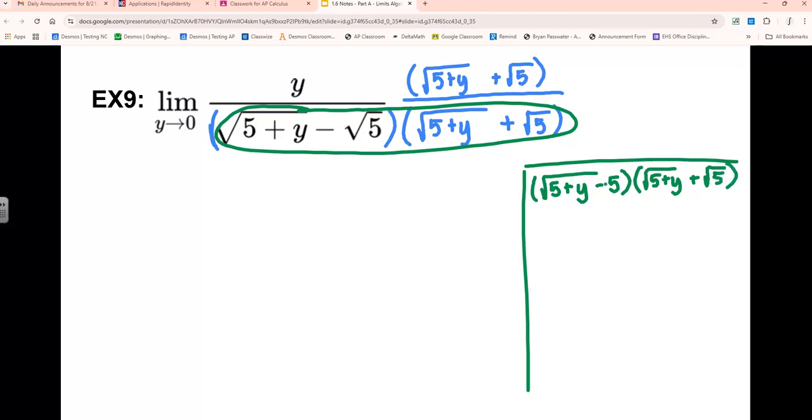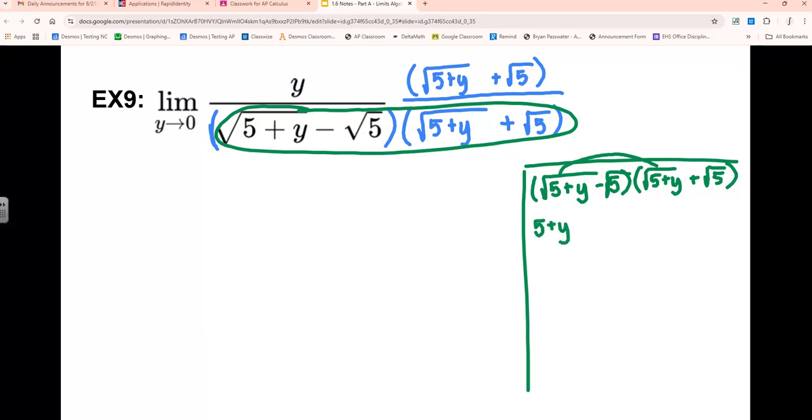And I forgot a square root right here. So when I multiply square root of 5 plus y times square root of 5 plus y, what do I get? 5 plus y.